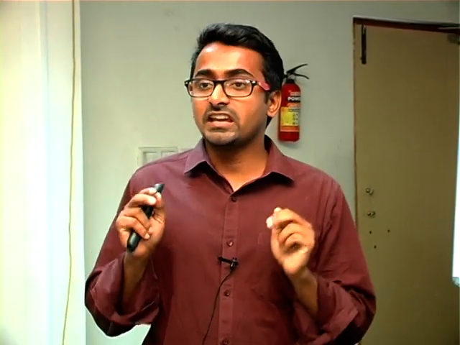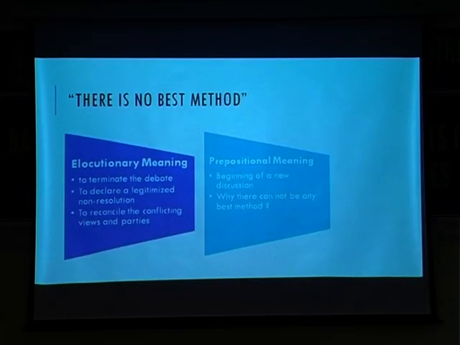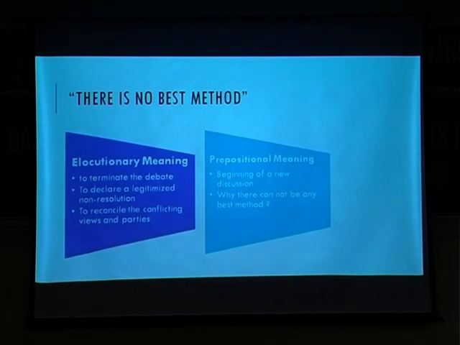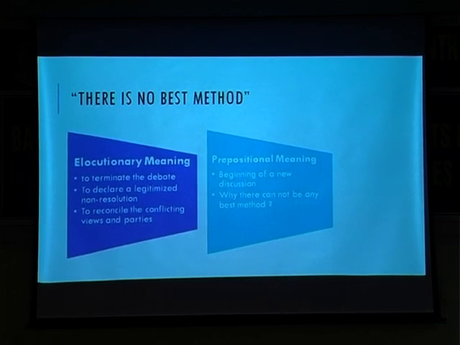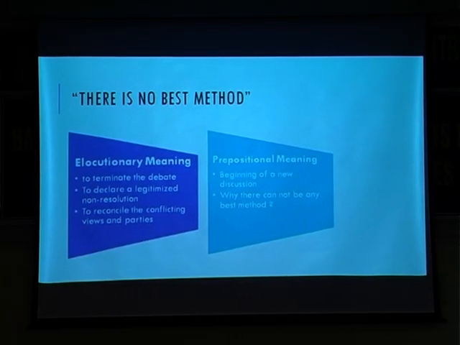Prabhu says that the statement there is no best method has two meanings. The first meaning is the illocutionary meaning of the statement, which is a contextual, very temporary meaning, and which is used to terminate the discussion without causing any harm to the participants, to declare a legitimized non-resolution of the discussion, to escape from the discussion and to stop the debate from going from a verbal fight to a physical fight.